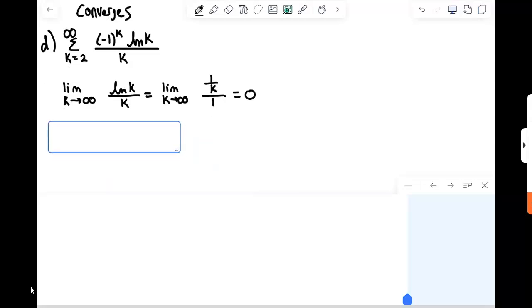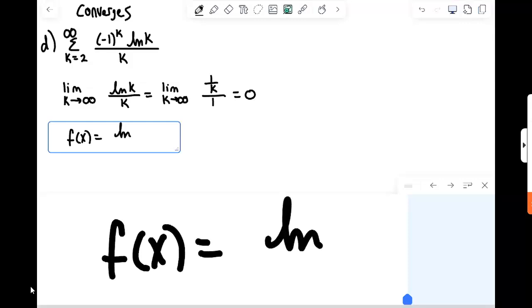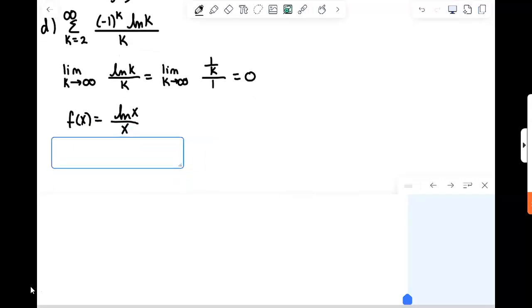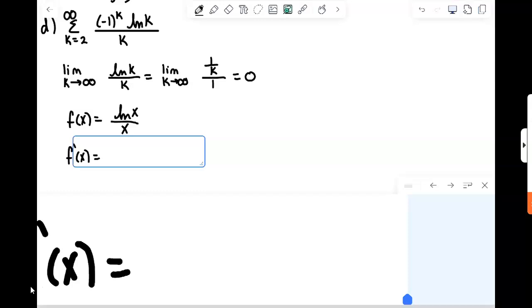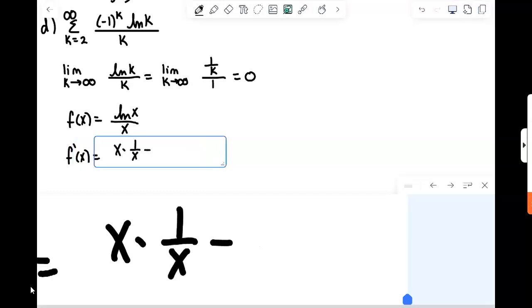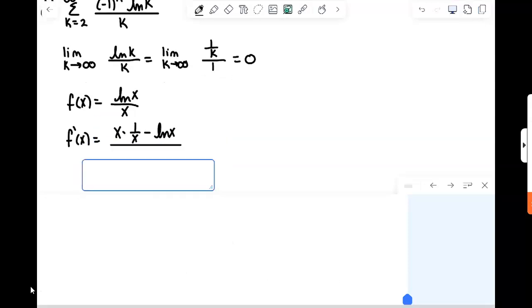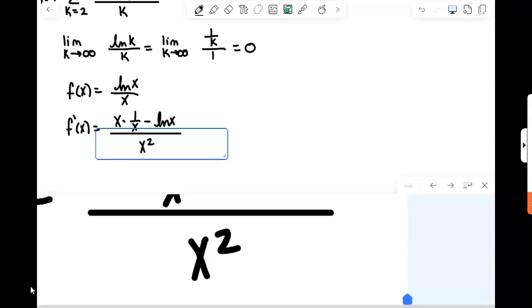But let's look at it from a calculus point of view. So our function here would be ln of x over x, and compute the derivative using the quotient rule. That would be bottom times the derivative of the top minus top times the derivative of the bottom, all over the bottom squared.